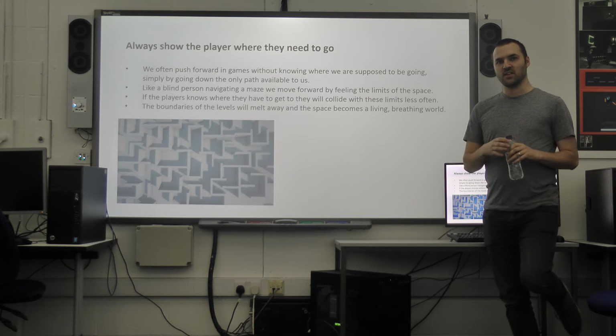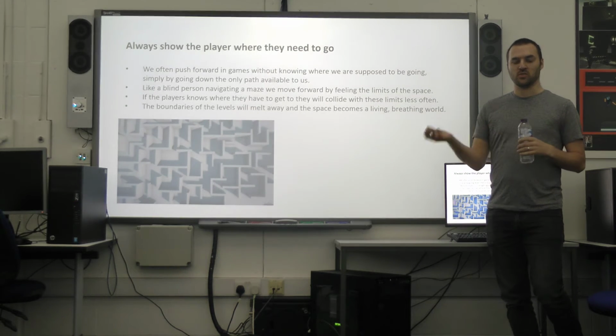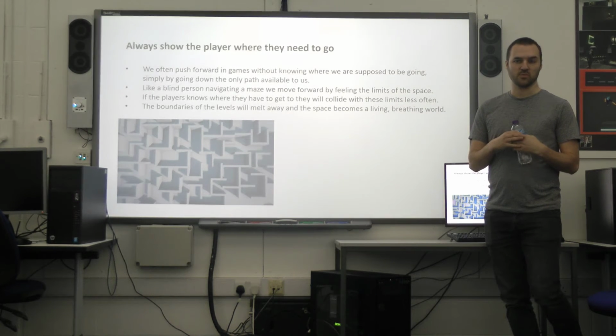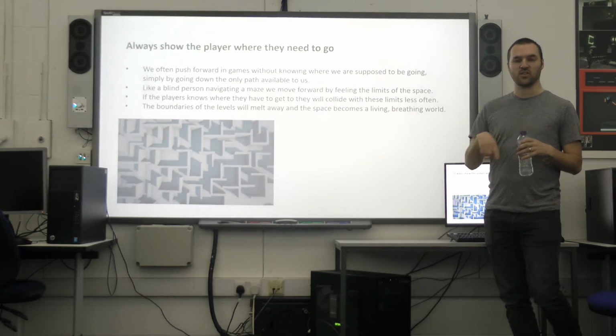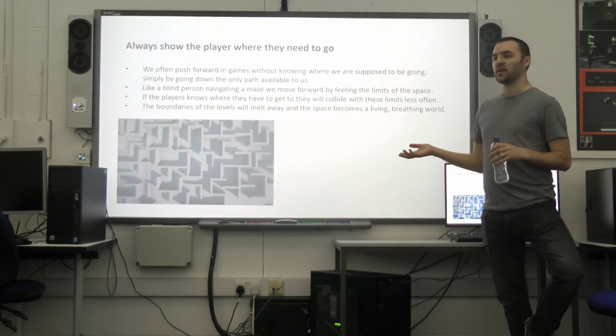So always show the player where they need to go. This is basically the level design counterpoint to the puzzle version where I said give the player a clear objective or a clear problem to solve. Remember the picture where it's got a door with a key on it, a lock on it, which is a very clear problem to solve. This is the level design version of it.